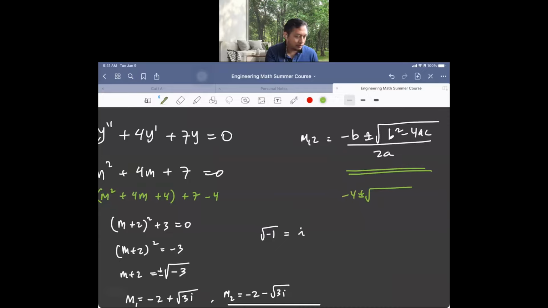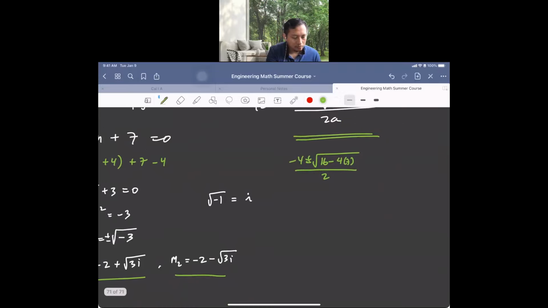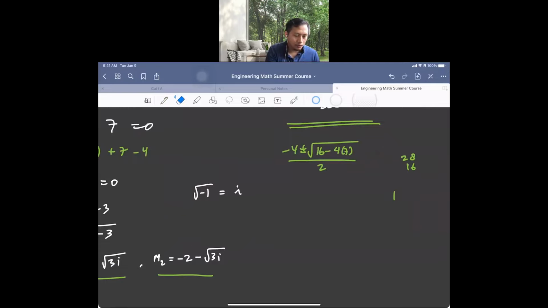So -4 plus or minus the square root of 16 minus 4 times 7, and then divide by 2. 16 minus 28 is -12, not 14, sorry, 12.